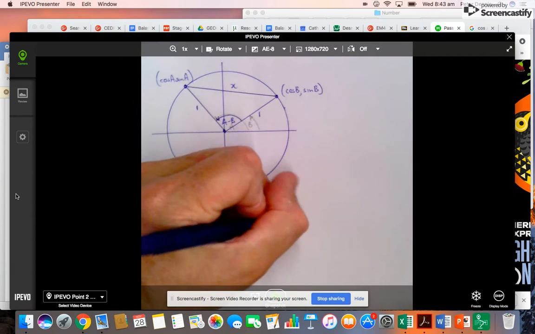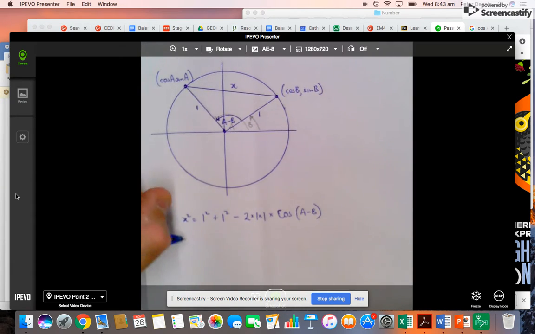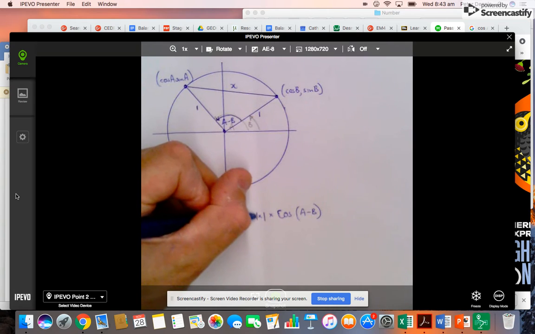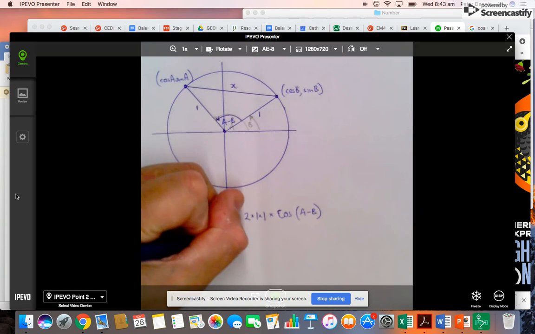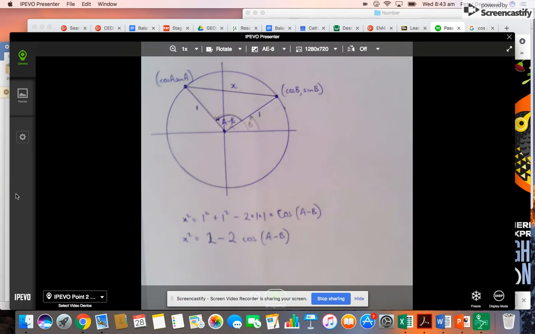And our angle this time is A minus B. So what we get is that x squared equals 1 plus 1, which is 2, minus 2 times 1 times cos of A minus B. We're going to use that formula later on, but that's the first one we're going to get.